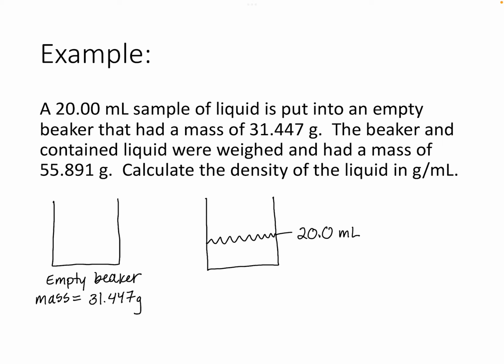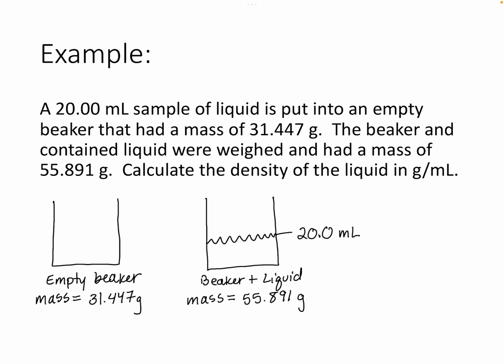So the beaker plus the liquid had a mass equal to 55.891 grams. And then we need to calculate the density of the liquid in grams per milliliter.